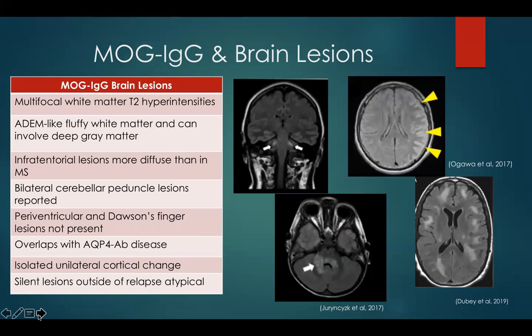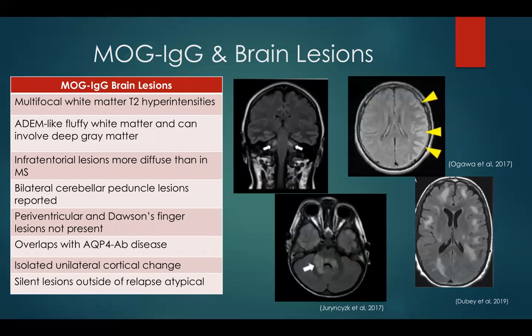Talking a little bit more about additional imaging and findings that we see with anti-MOG disease. The brain lesions can present in a variety of ways. I put this table together to highlight some of the different changes that we see in the brain when a patient is presenting with anti-MOG.